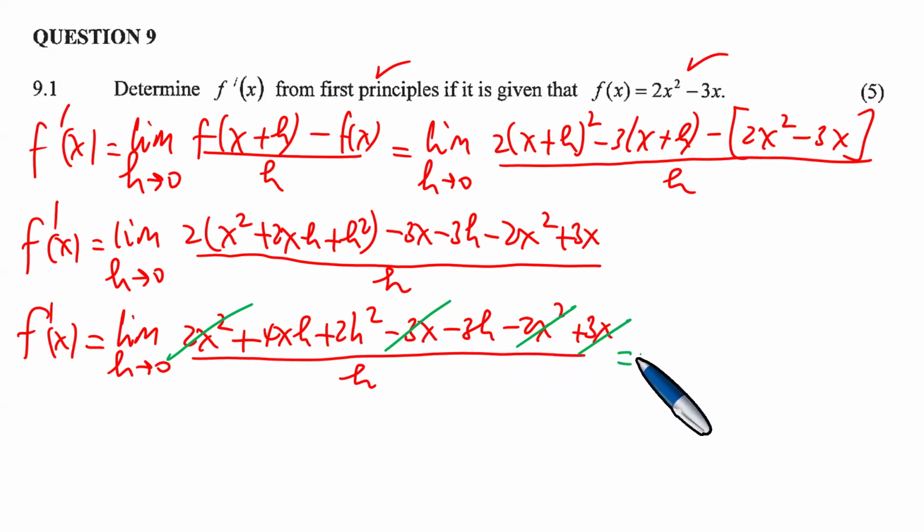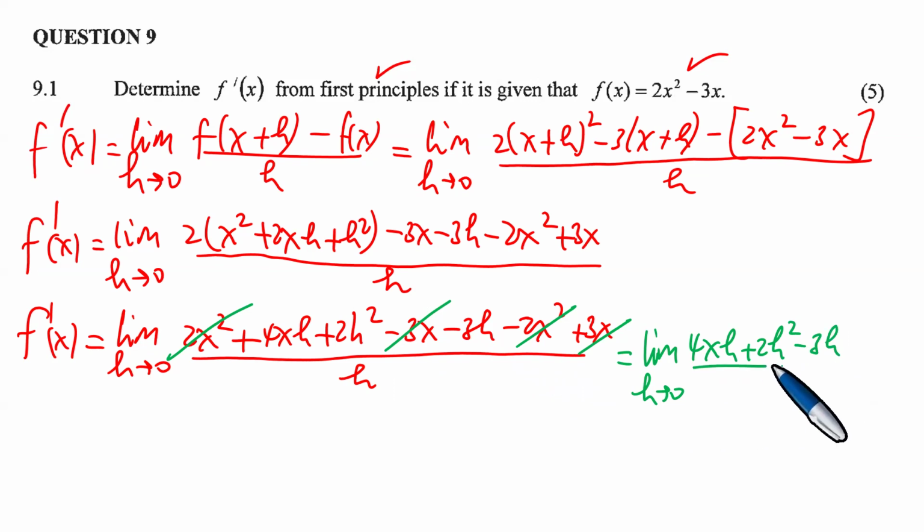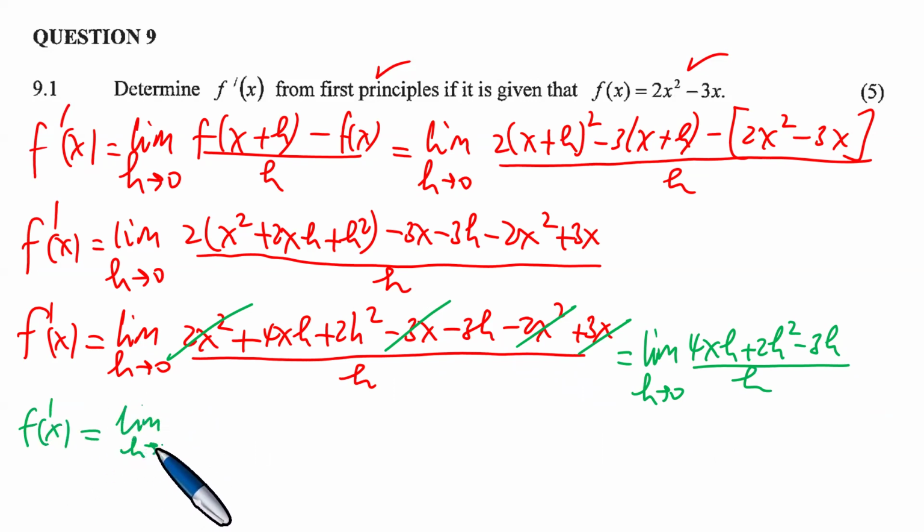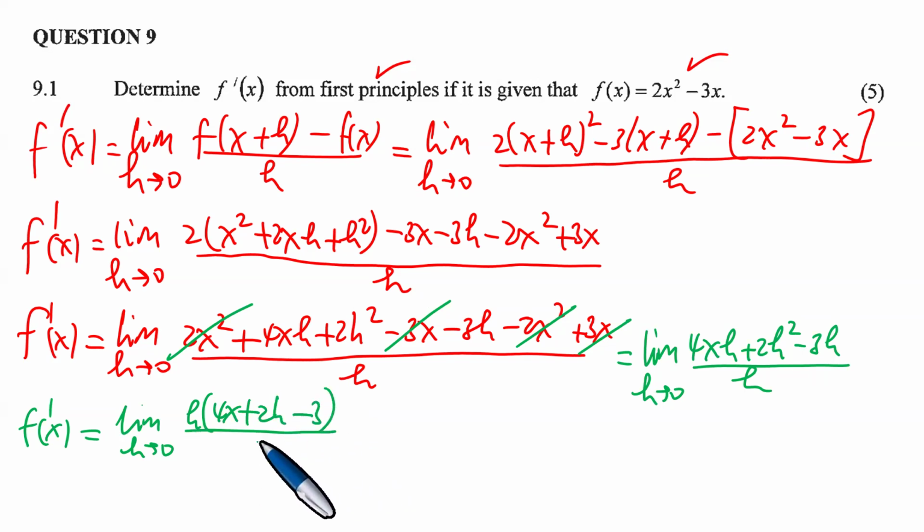And this, therefore, means you have the limit as h tends to 0 of 4xh plus 2h squared minus 3h all over h, giving us f prime is the limit as h tends to 0 of h open bracket 4x plus 2h minus 3 close bracket divided by h.